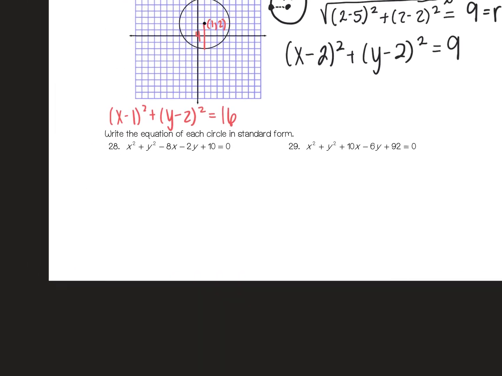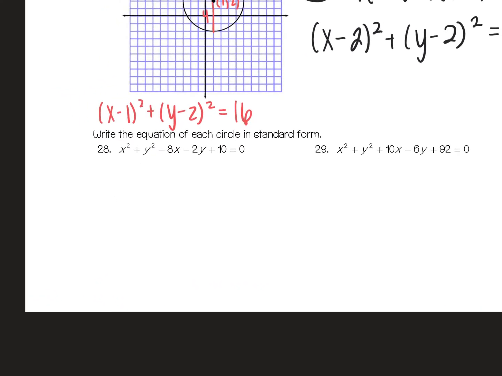For these last two, we're completing the square. So you need to move the constant to the other side. I like to reorder as I do this, so I'm going to put the x's together. So x squared minus 8x, and then leave a space, plus y squared minus 2y, leave a space, equals -10. Then you're going to complete the square by taking this number, dividing it by 2, and squaring it.